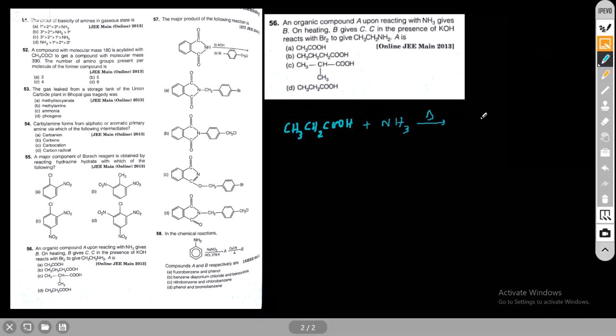So H2O goes out and we'll get CH3 CH2 C double bond O NH2. We'll get amide here, plus H2O will go out.